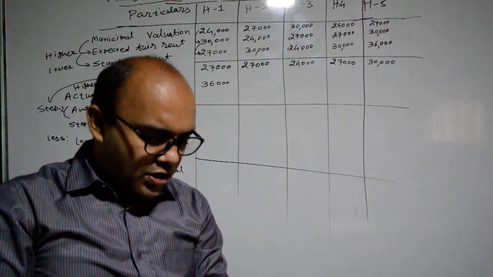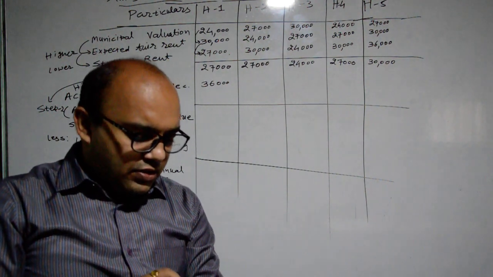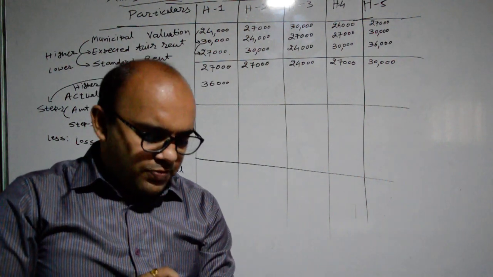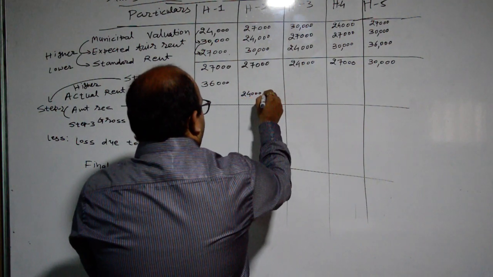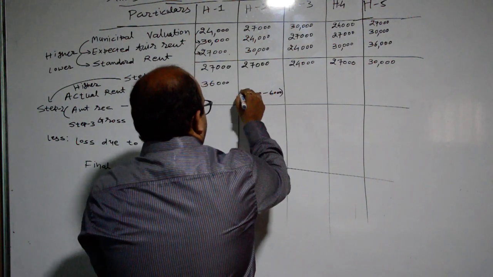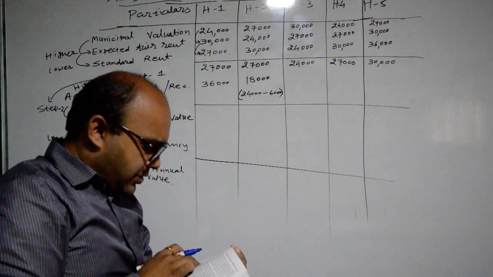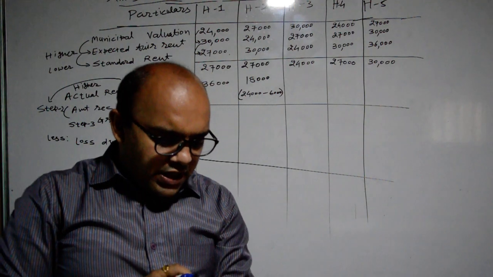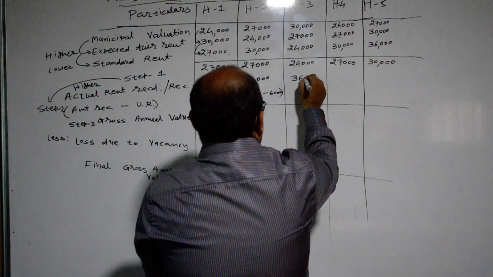In house number 2, 24,000 with irrecoverable rent of rupees 6,000, so we deduct 6,000 from 24,000, because unrealized rent is deducted from rent received or receivable. It will be rupees 18,000. Then in house number 3, no irrecoverable rent is provided, so 36,000 will be considered.